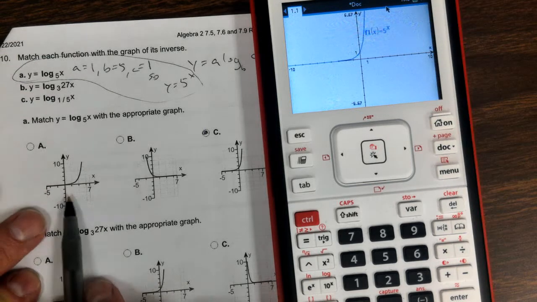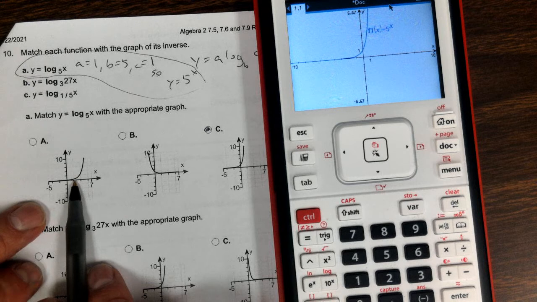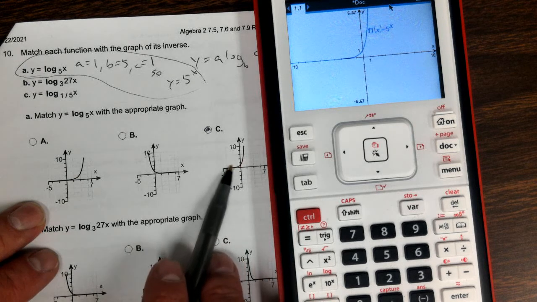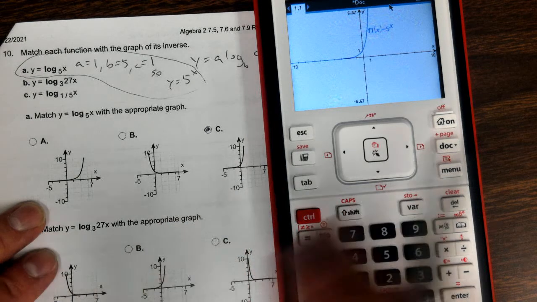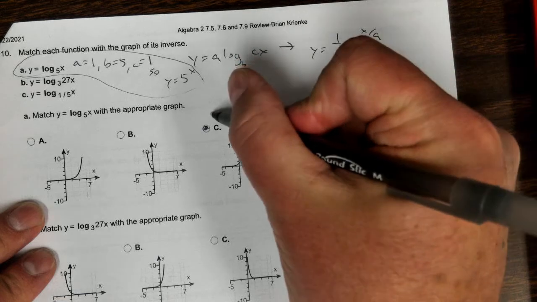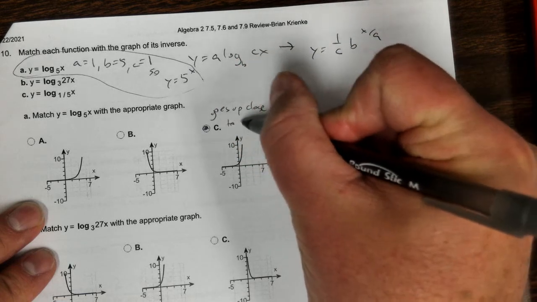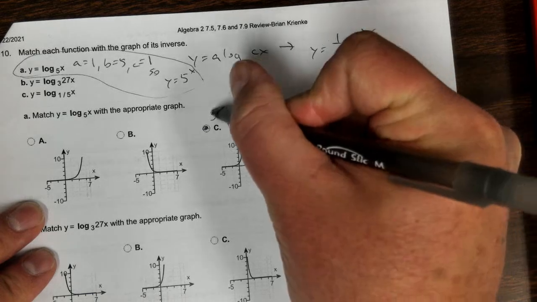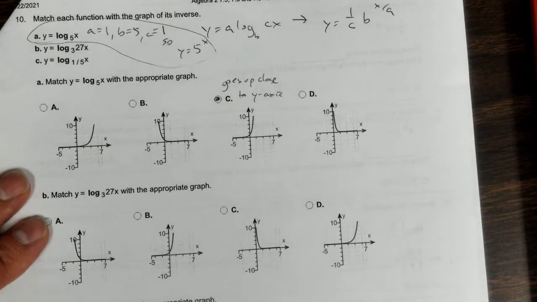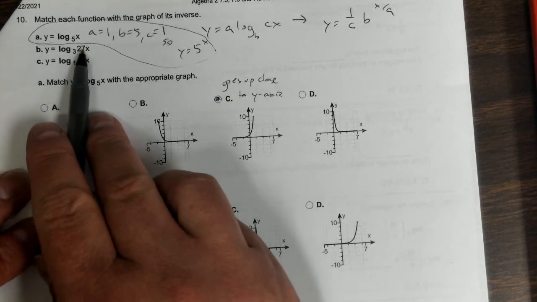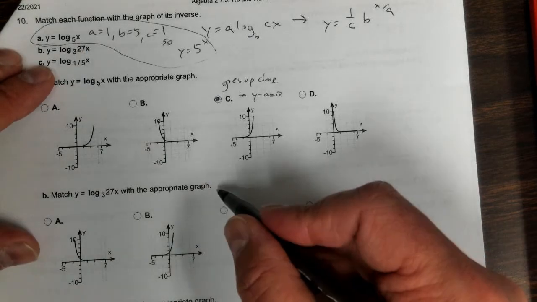Now there is another one that's also increasing, but notice that this one goes up closer to the y-axis. So that's the difference.